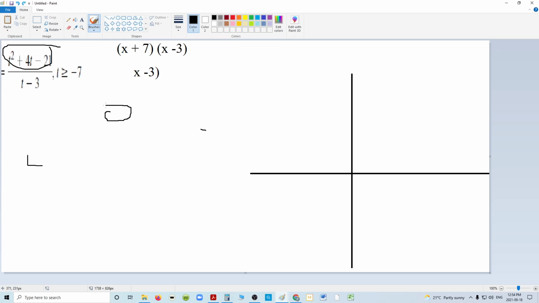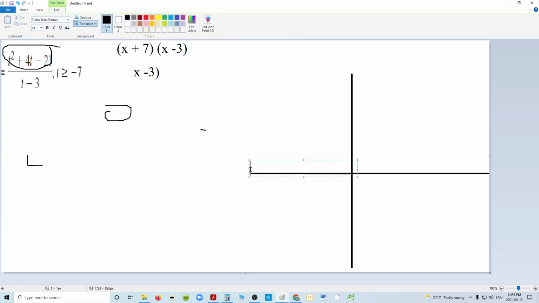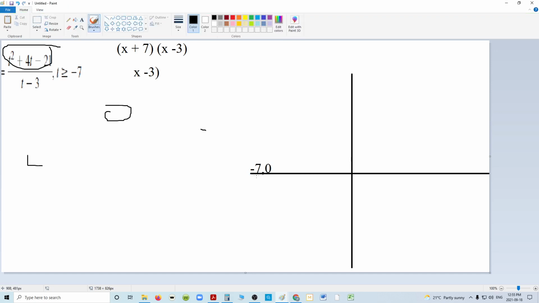And down below it doesn't matter. So that means at -7 x, it hits the x-intercept. So -7, 0 is one of the x-intercepts right there. What's the other x-intercept? It's when the numerator is equal to 0, and that's when x is 3 as well. So there's 2 of them, there and there.